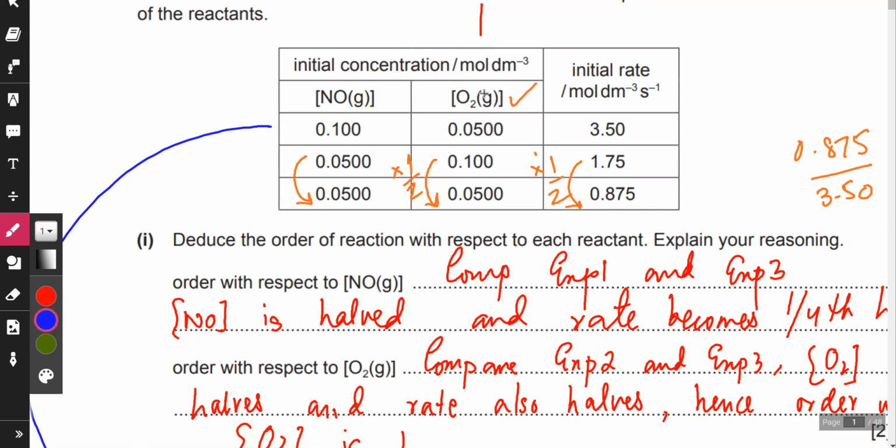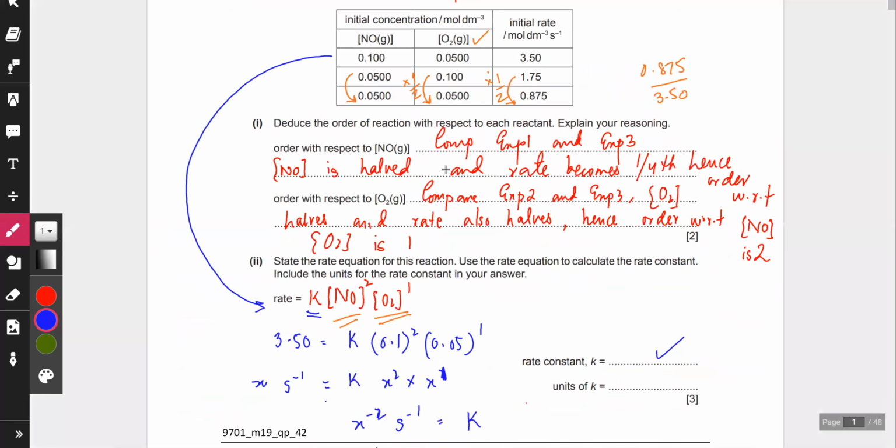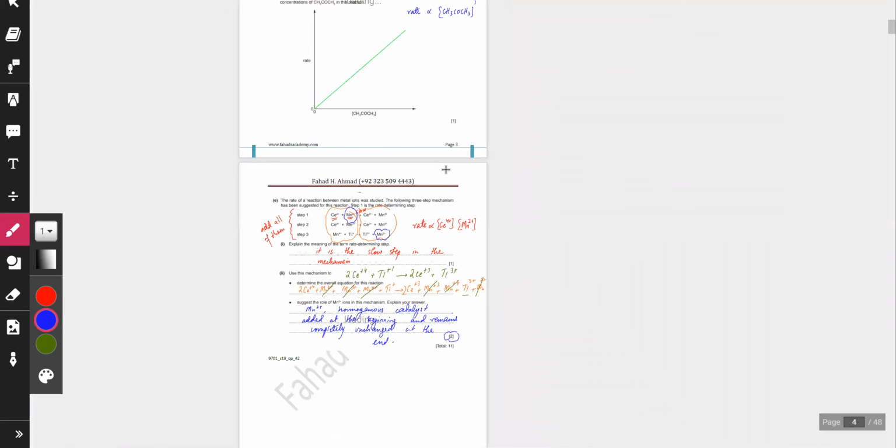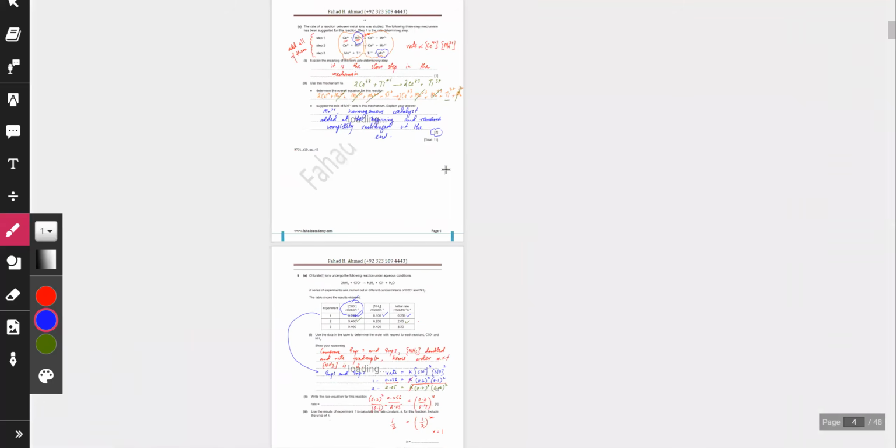If you want to find the order with respect to O2, you're going to compare experiments 2 and 3. O2 is halved and NO is not doing anything. So the changes in rate are happening because of the changes in O2. The problem with this question is you can't do this type of comparison in this table.